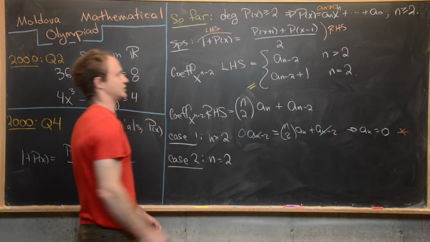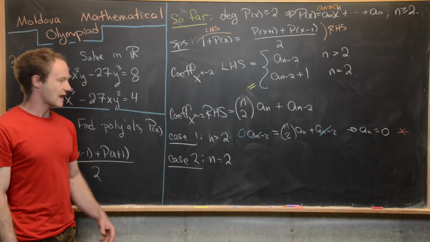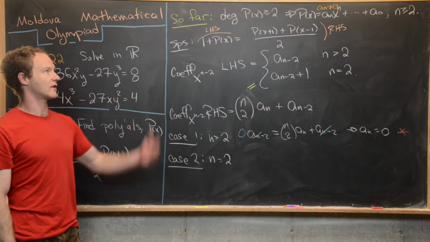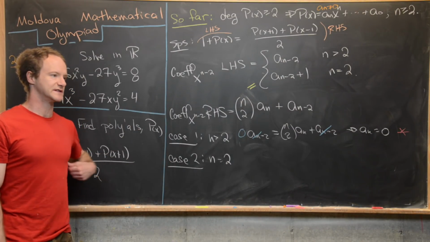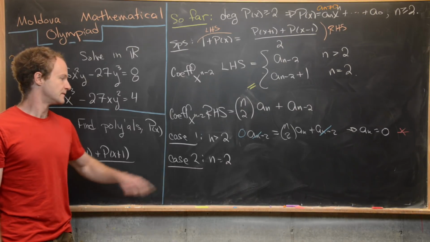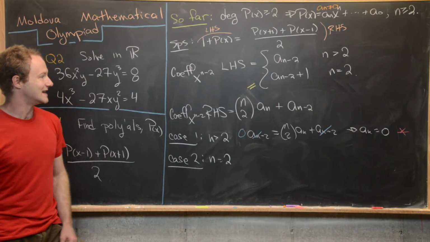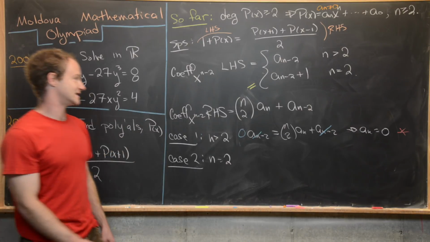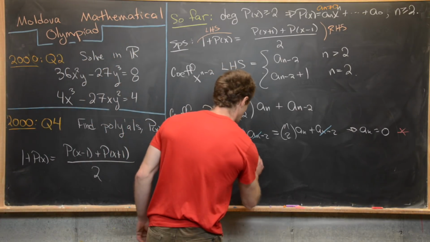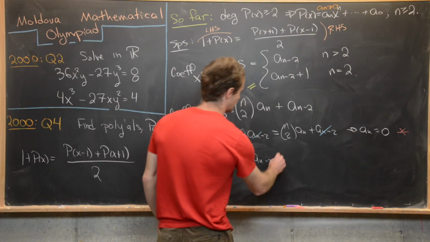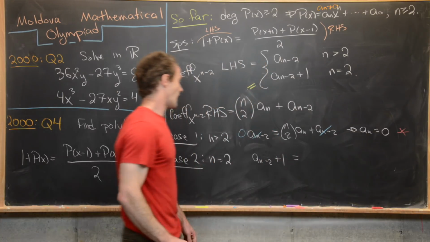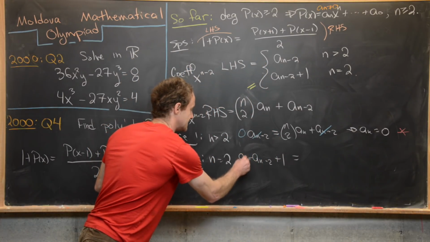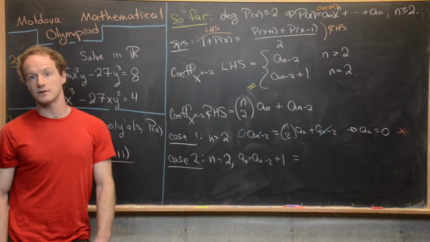N equals 2. And we know that n can't be equal to 1. In other words, the degree can't be equal to 1 or 0 from what we did on the very first board. So now let's notice if we have n equals 2, what this thing turns into. So the left-hand side will be a sub n minus 2 plus 1. Or I should say this is a sub 0 plus 1.